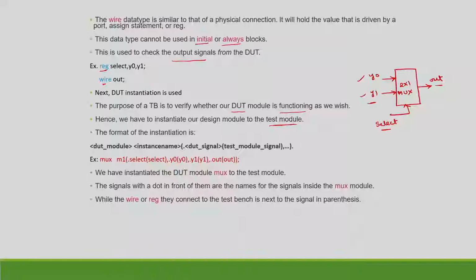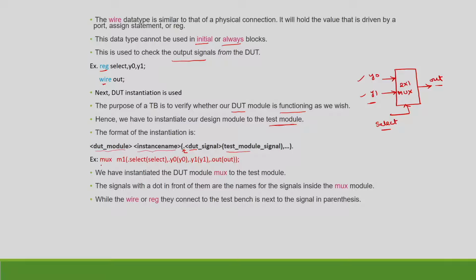The general format of the instantiation is we have to write the device under test module's name and then instance name followed by a dot. We have to give some signal and then within parenthesis we have to give the test module signal. This is the device under test signal and this is the test module signal. These two can be the same or you can give different names also.